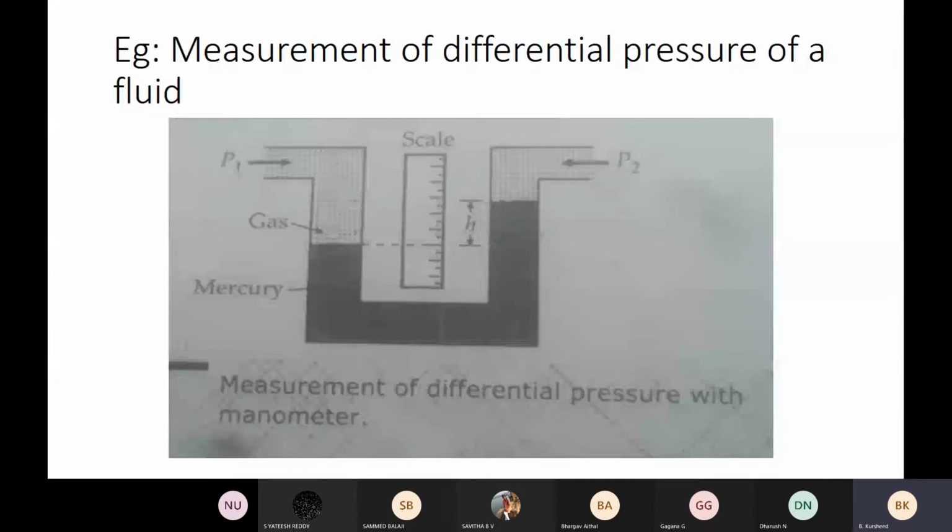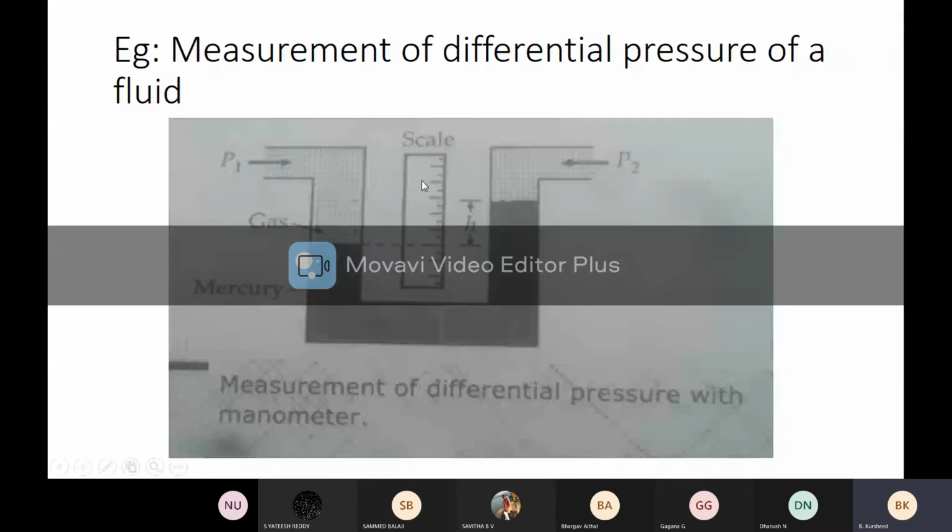If the pressures applied at P1 and P2 are both the same, the differential pressure P equals P1 minus P2, which is 0.